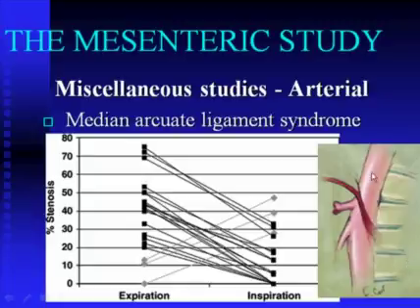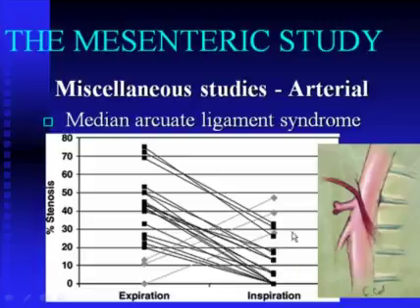The way you differentiate this from a fixed atherosclerotic obstruction is just look at changes with respiration. When a patient has exhaled fully, the diaphragm has drawn up and the liver and spleen are pushed up in the abdomen, and this draws the celiac trunk up against the median arcuate ligament, and that will cause compression and stenotic-like flow in the celiac trunk.